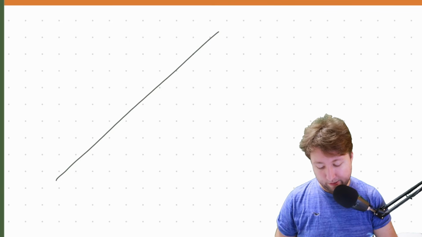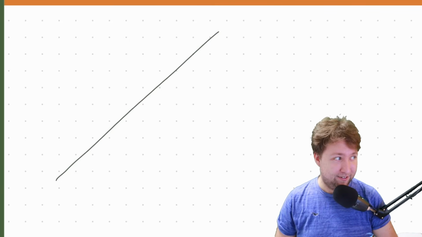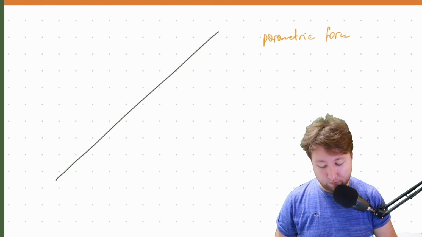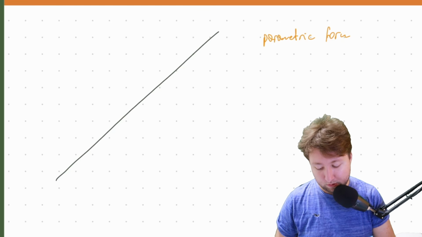A straight line, as I've already prepared here, can be described in its parametric form with the following consideration. Any point on the line, let's take this point x here, can be reached from some fixed point on the line. Let's take this point p here. Then we also need a directional vector on the line. Let's call it v.